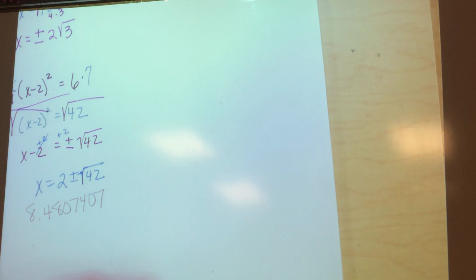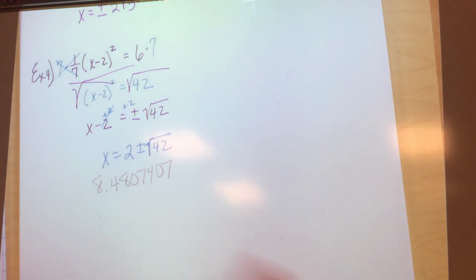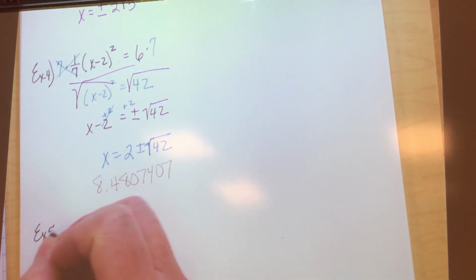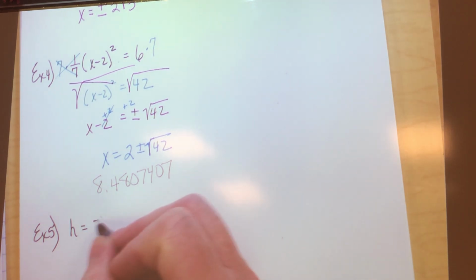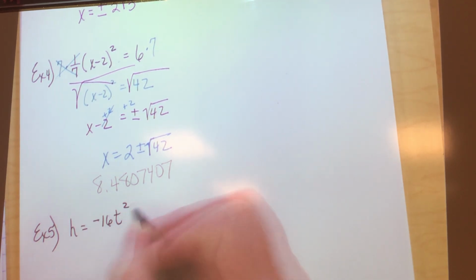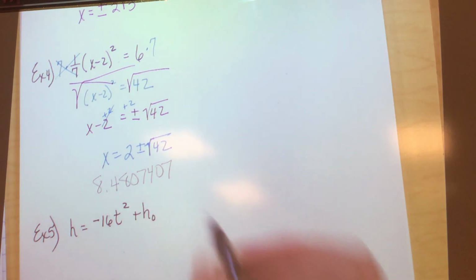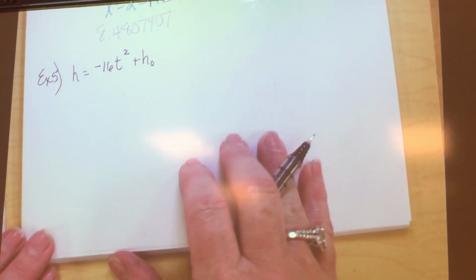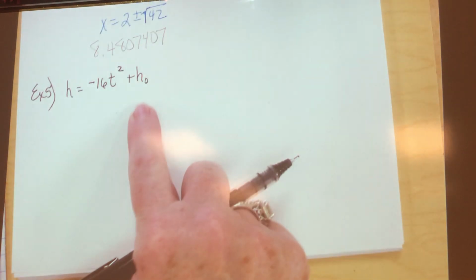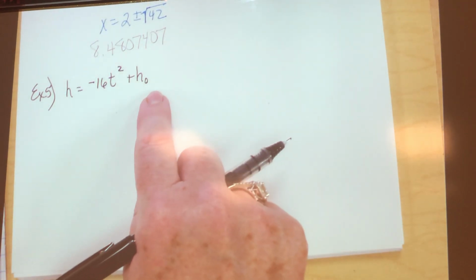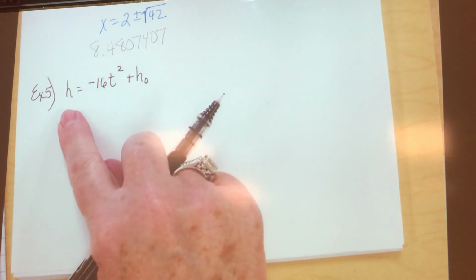All right, one more question. This last question, this is an equation that's going to come up quite a bit through the rest of this year. It looks like this. H is equal to negative 16t squared plus h sub 0. Okay? So anything sub 0 is when time is 0. So this h and this h, they're the same thing.